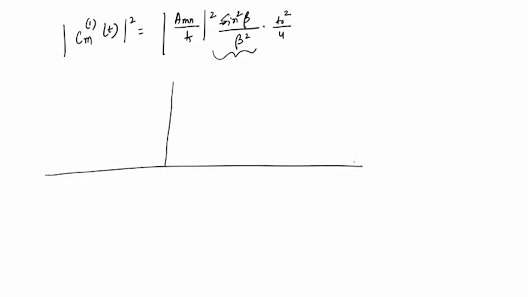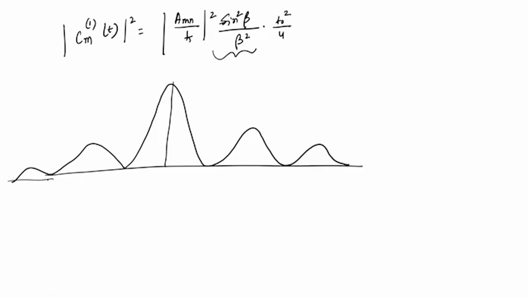You can actually plot this function. I will draw a freehand plot, but you can do it on a computer. There will be a central peak which is maximum, and then the subsequent peaks will be smaller and smaller. Okay. It is of course symmetric, so do not mind too much about the details of the drawing. This is mod C_m1(t) square being plotted as a function of alpha, which is nothing but omega_mn minus omega.